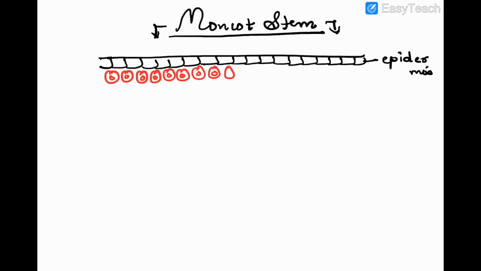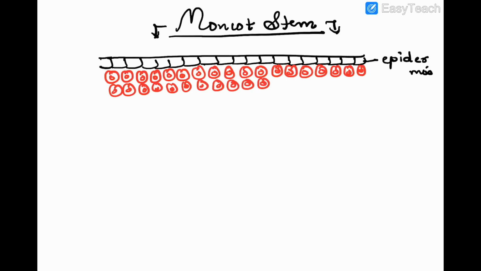So this is the hypodermis, which is made up of sclerenchymatous cells. So we are drawing some layers of the sclerenchymatous hypodermis.